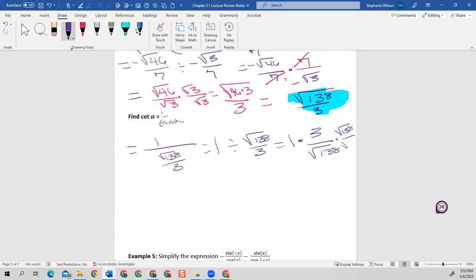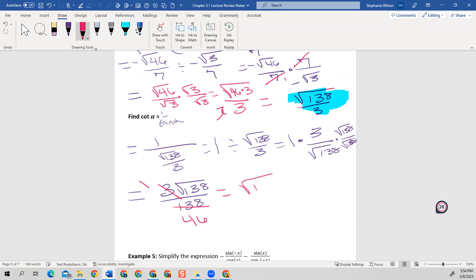So now I got to undo that by multiplying top and bottom by the root. So now I have 3 square root 138 over 138. And what we want to do is see if that 138 will reduce by 3, because it was a product of 3. I noticed it did. So 3 goes into itself once, goes into 138 46 times because we did that right here.